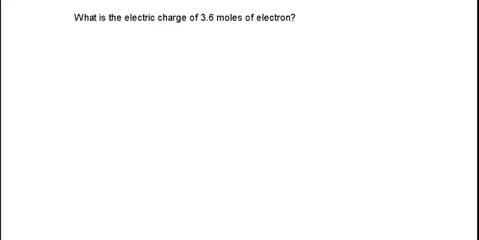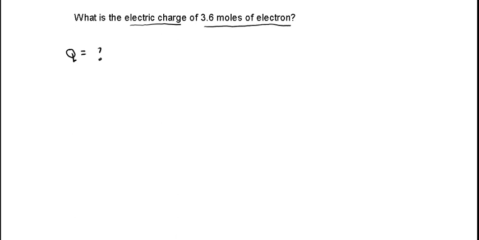So the first parameter here in this question is what? Is charge, electric charge. The question asks you to calculate the electric charge. So we write Q is unknown. Another parameter there is 3.6 moles of electron.